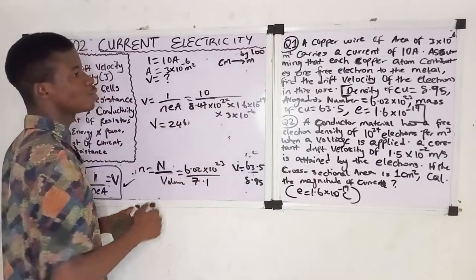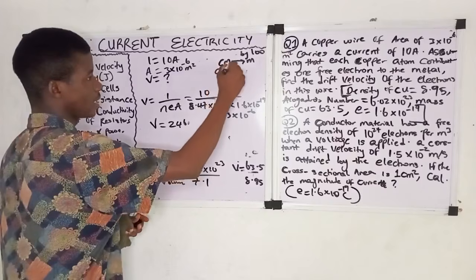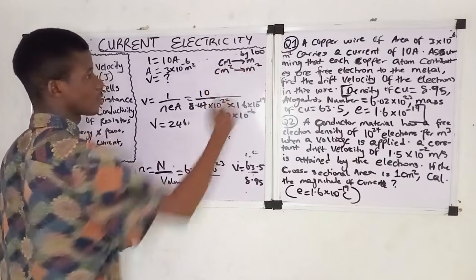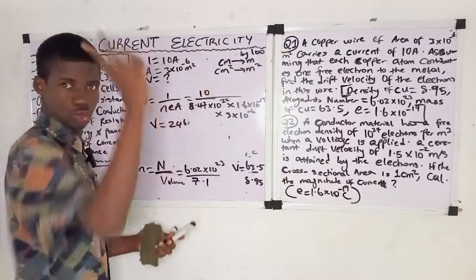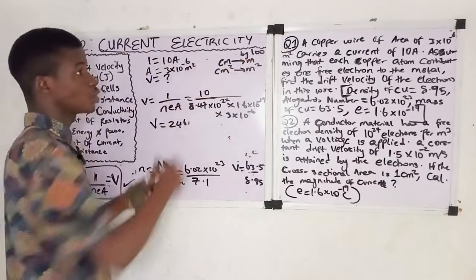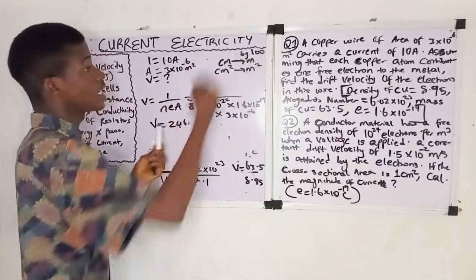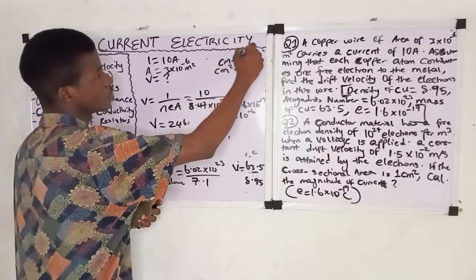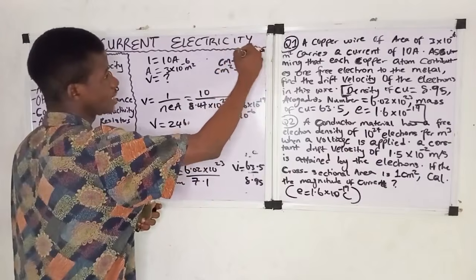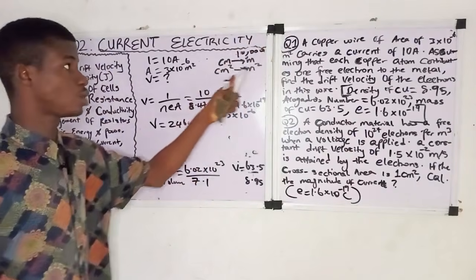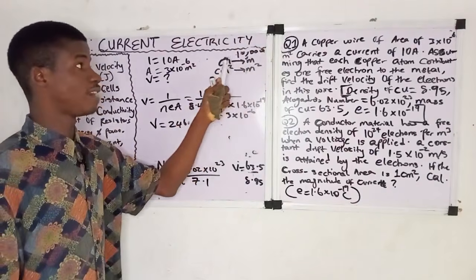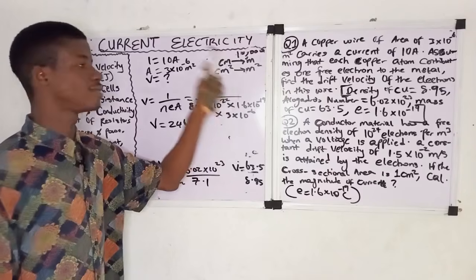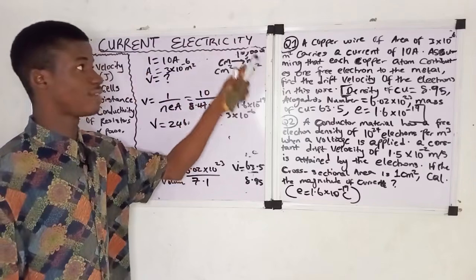What about if we want to convert centimeter square to meter square? We divide by 100 times 100, that is 10,000, right? So from centimeter to meter, divide by 100. From centimeter square to meter square, divide by 10,000.